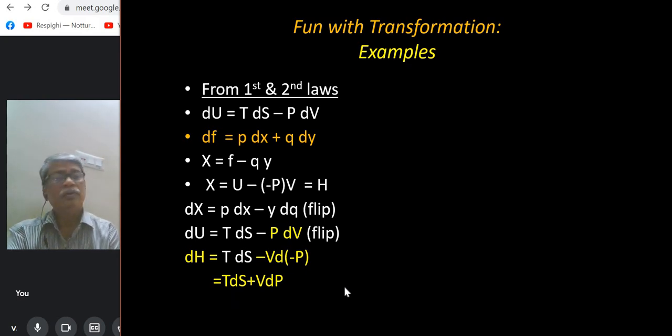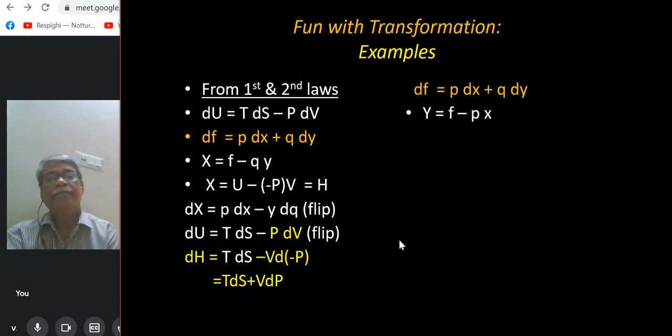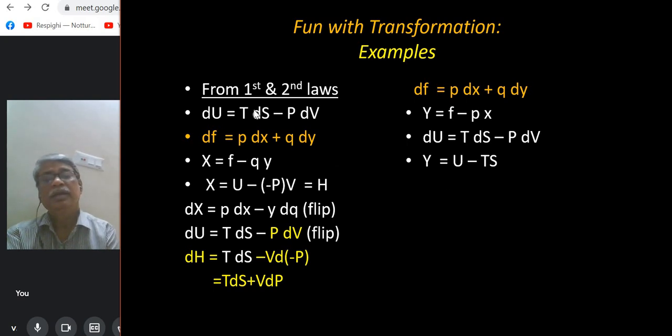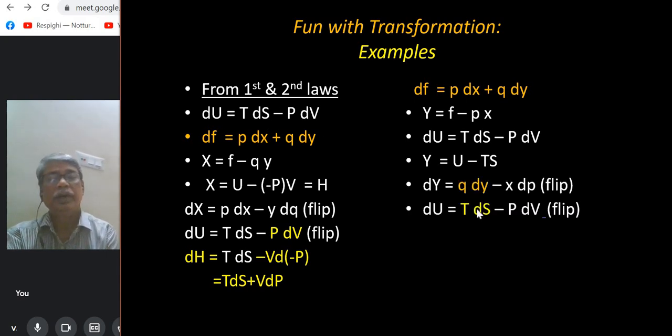Okay. So now you can of course raise a second question: if I want another one, that means you want to keep V but not S. So similarly, we will define a new function: U, the old function, minus, this time handling T and S, this conjugate pair, so T into S. So U minus TS.